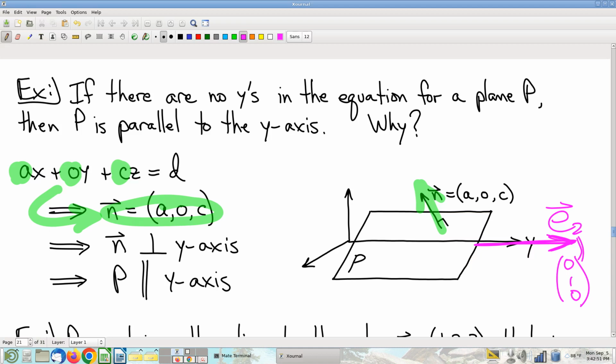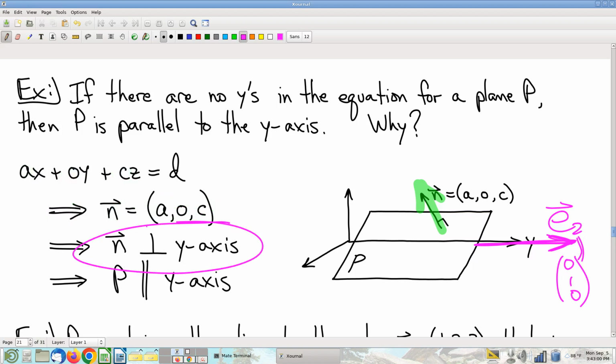The dot product is easily seen to be 0. So the normal vector is perpendicular to the y-axis, and now geometric appeal, if the normal vector is perpendicular to the y-axis, then the plane has to be parallel to the y-axis.